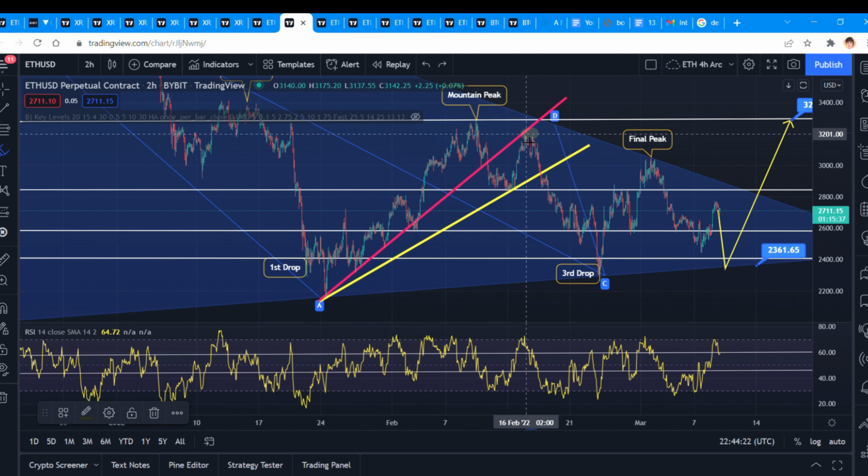I would DCA here at the retest, and sometimes I do that when I have confidence on the bigger swings, the mountain peaks and the third drops and the final peaks and the final bounce. So these 4 big swings, especially on the 4-hour, I would DCA when the center line is tested.